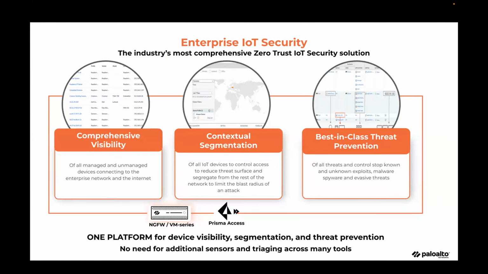As I mentioned, everything starts with deep visibility. So we have the ability, by looking at traffic and different things, to very accurately discover your inventory of such devices, and not just highlight the inventory, but tell you a lot of information about each and every device that we are discovering.